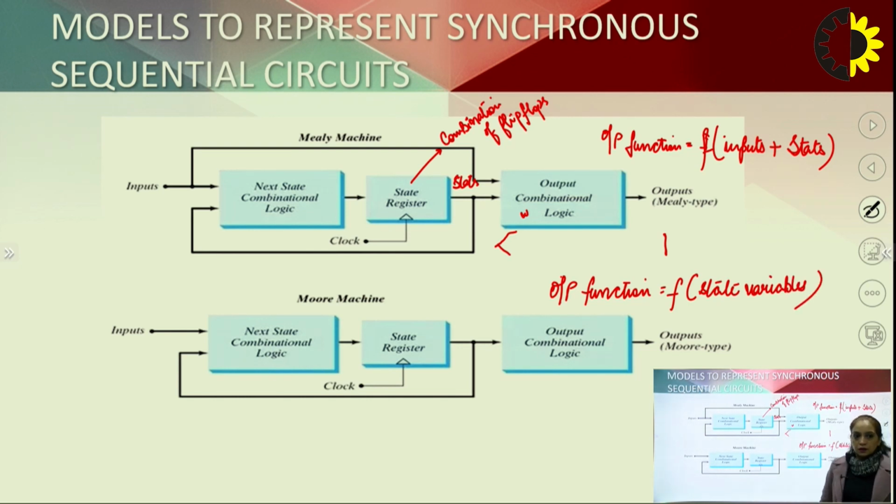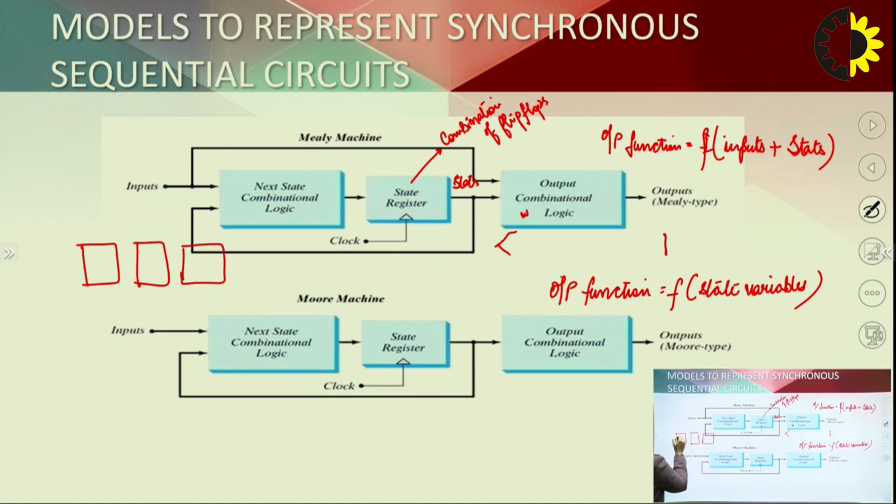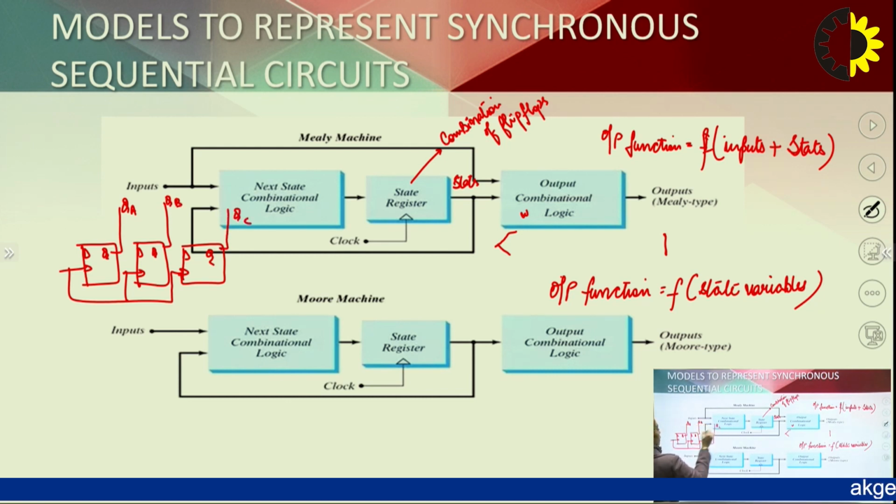Okay. So let me once again explain what basically a state is. Suppose we have one circuit, and it contains a few flip-flops. Some clock will be applied, right? It will have some outputs QA, QB and QC.